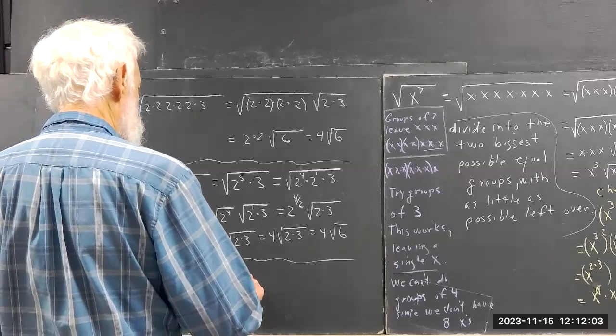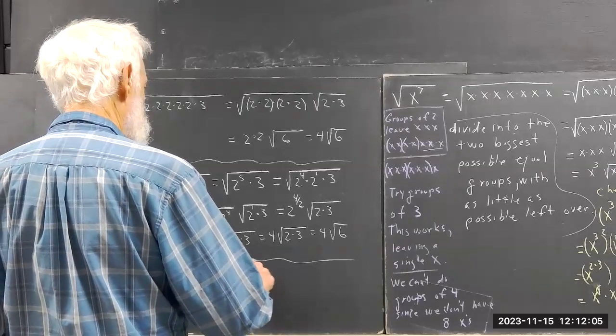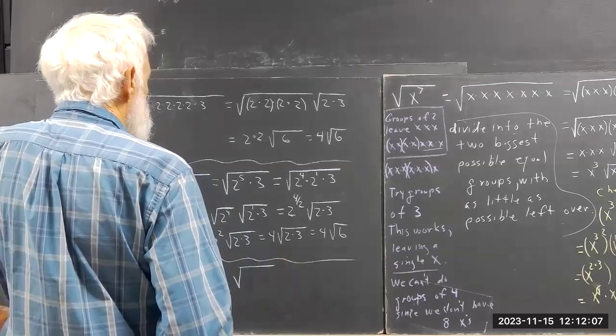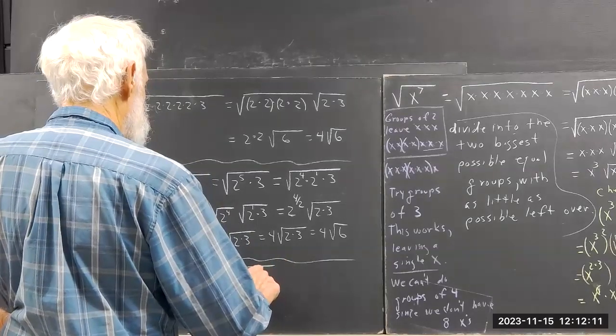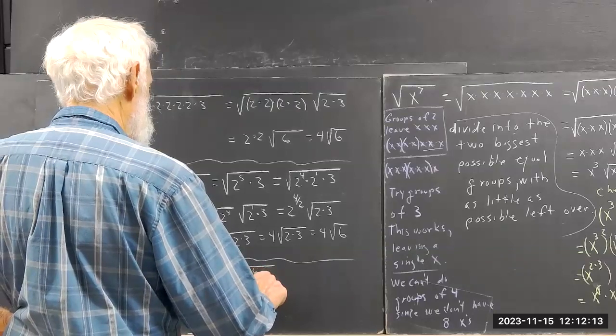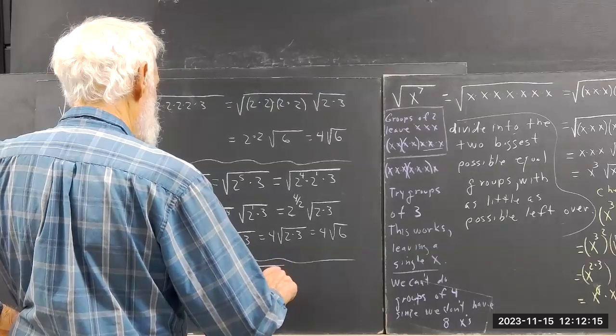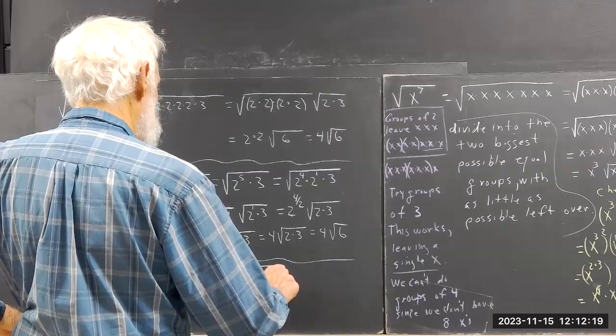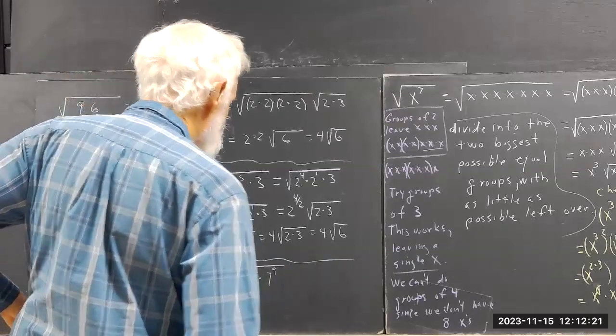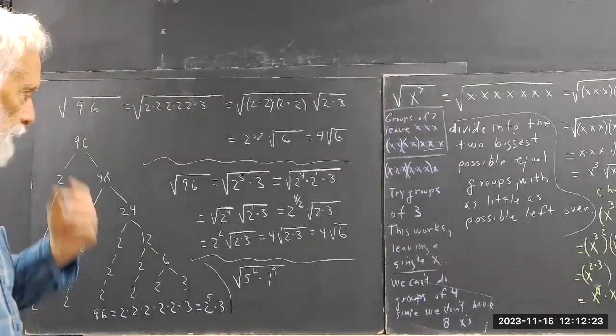But let's try this: the square root of 5 to the 6 times 7 to the 9th.